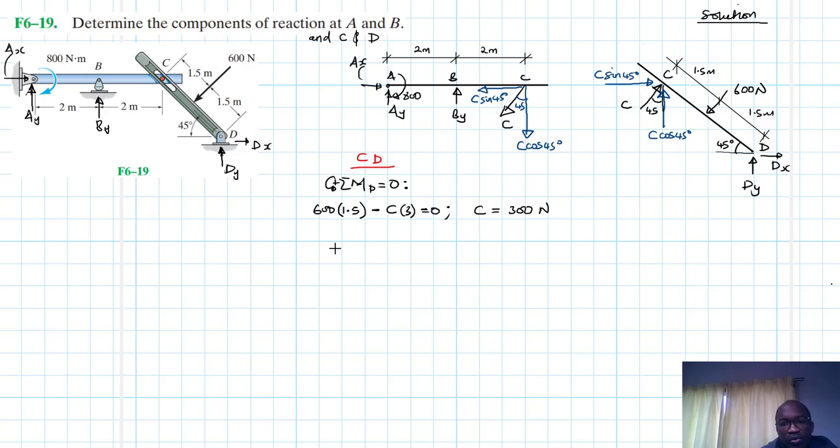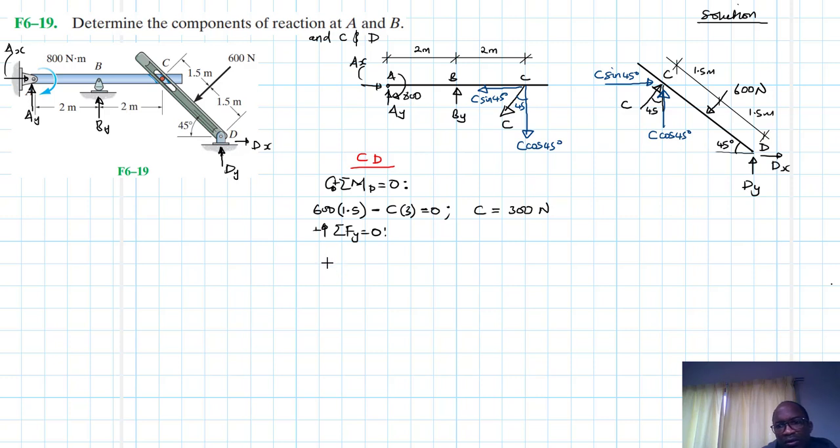Let's move on to the other part here. We can find dy and dx. So we'll say summation of forces in the y equal to 0, going up in our reference.